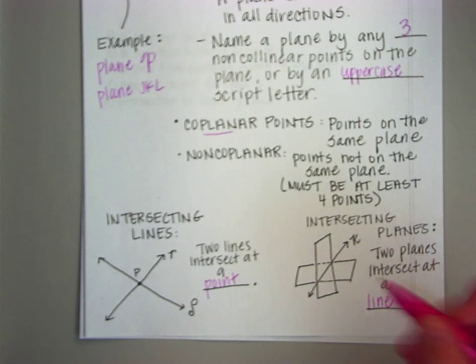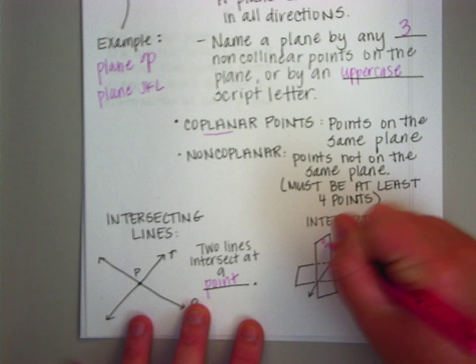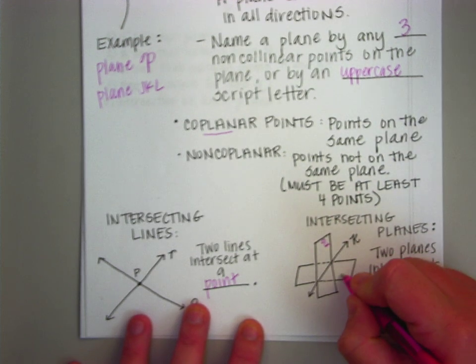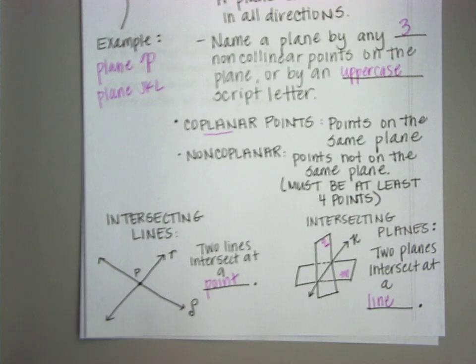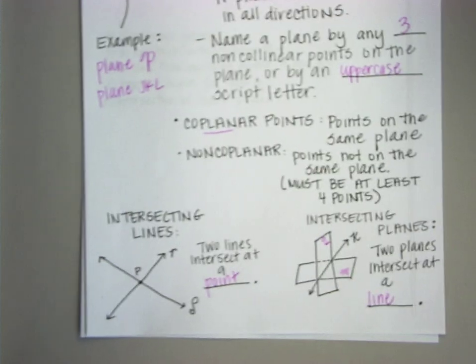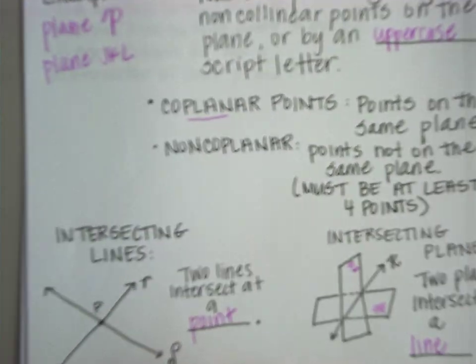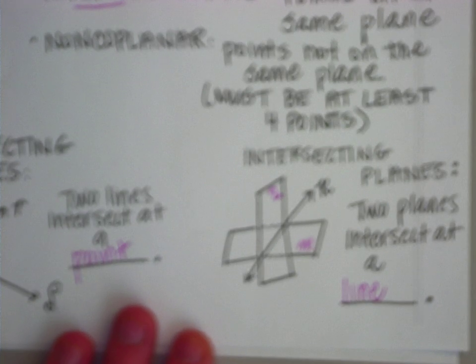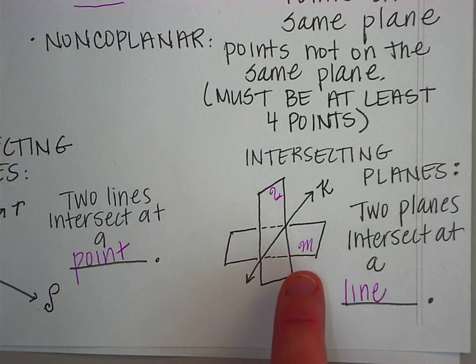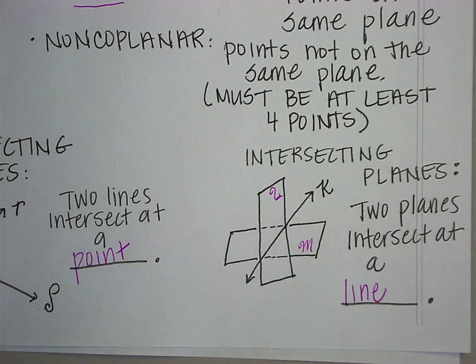This plane, which we'll name plane L, and this plane, which we'll name plane M, intersect at line K. Let me zoom in so you can see that. So, plane L and plane M intersect at line K.